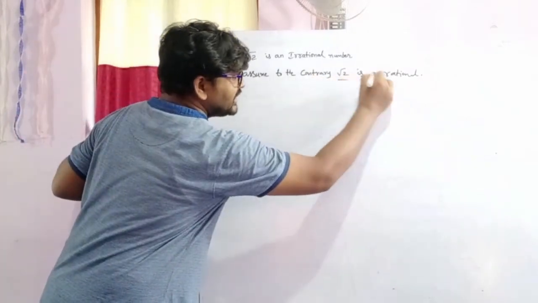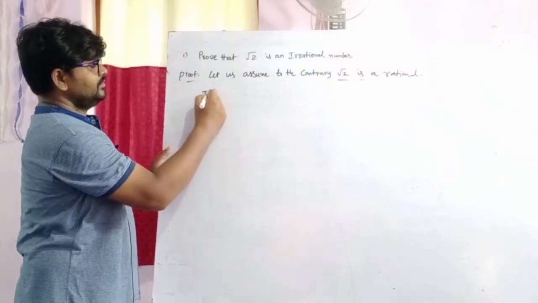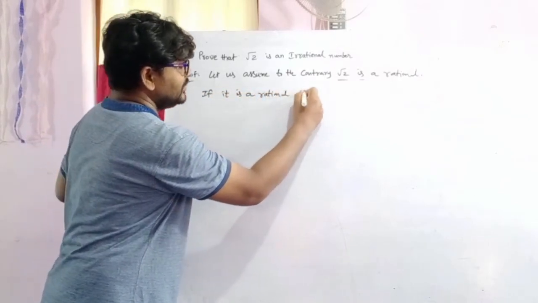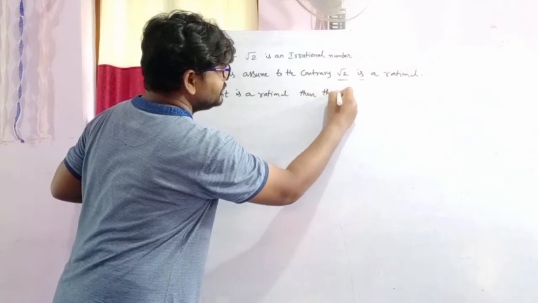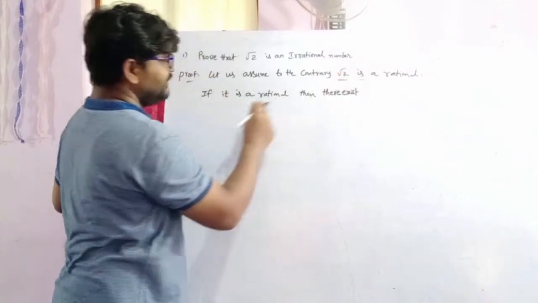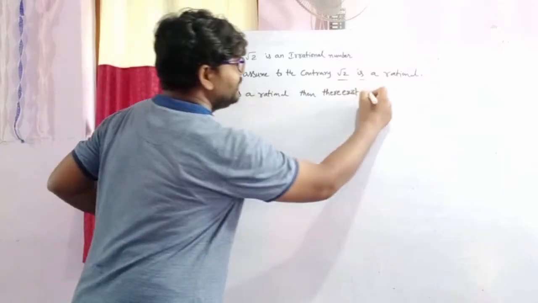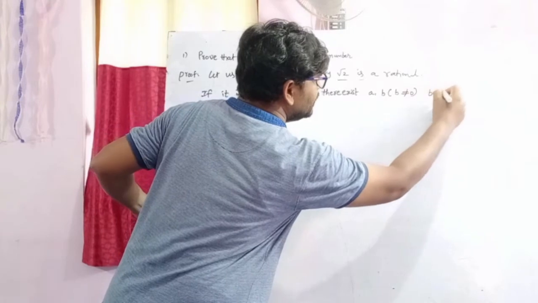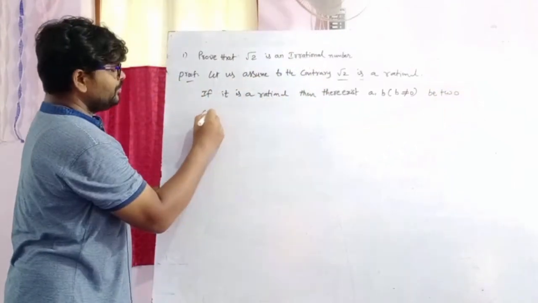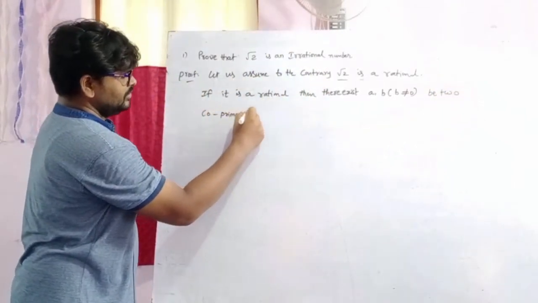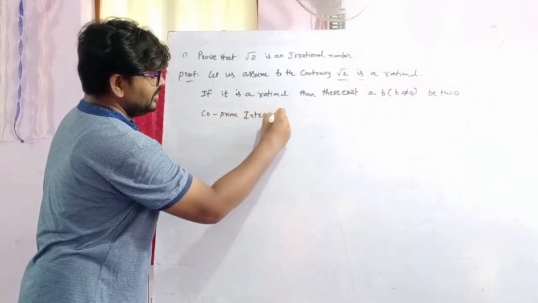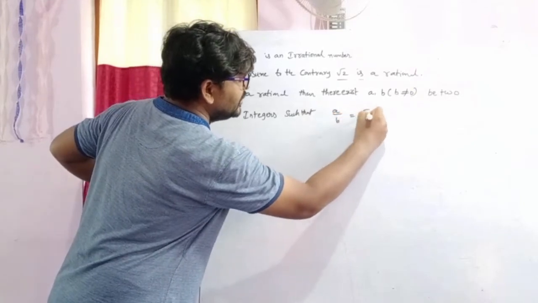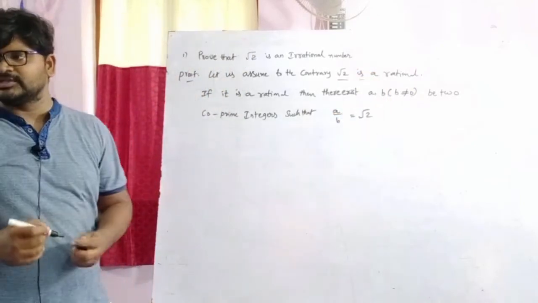If it is a rational, then there exist a, b, b not equal to 0, two co-prime integers such that a by b equals root 2.